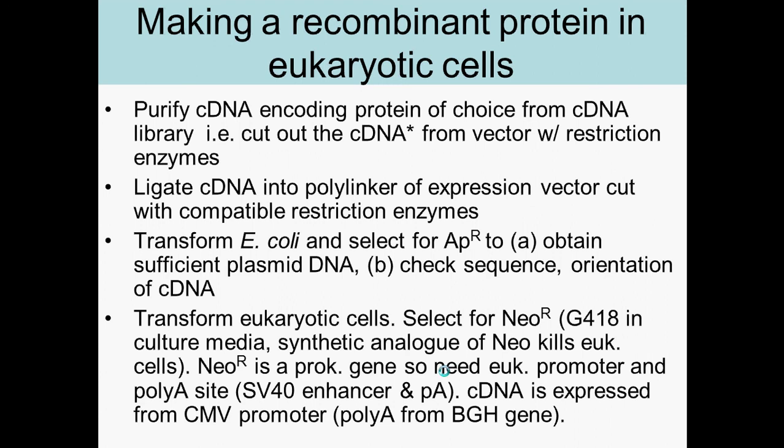So neomycin is going to kill eukaryotic cells, and the eukaryotic cells that have this plasmid will be resistant to it because it's making neomycin resistance.